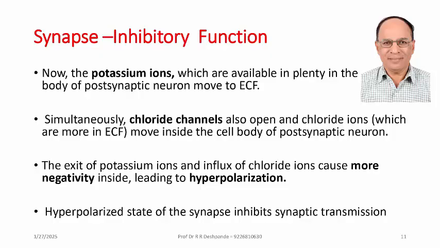This inhibition occurs when the presynaptic axon is not releasing a sufficient quantity of excitatory neurotransmitter, that is ACH, full stop.